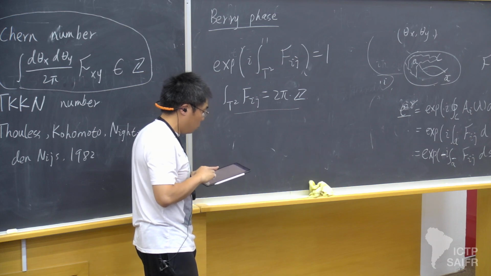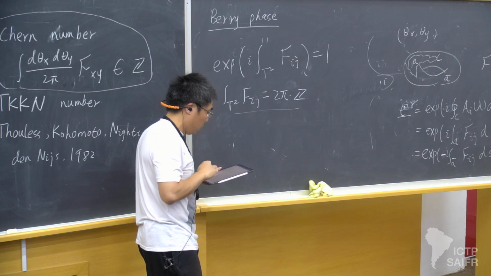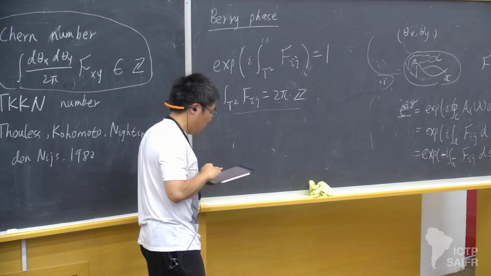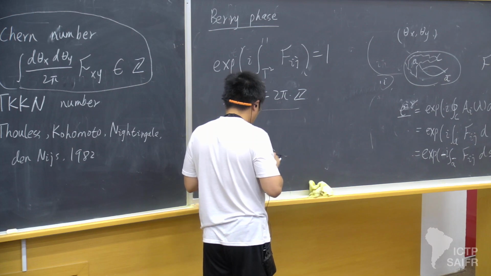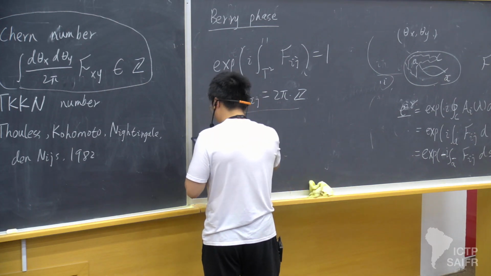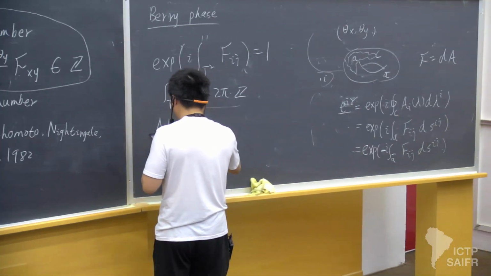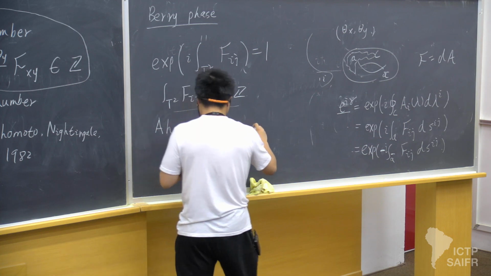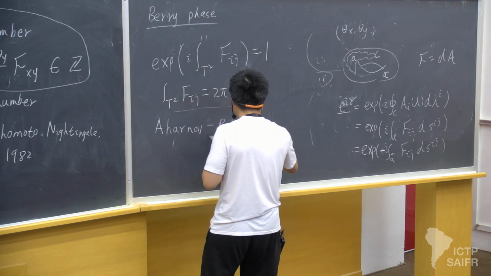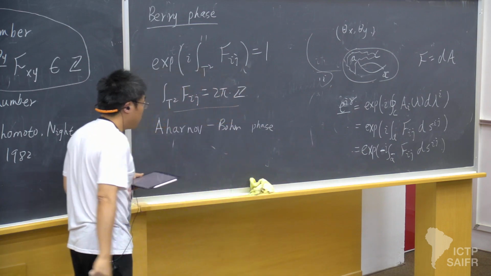It's this Aharonov-Bohm phase, right? We also mentioned it in the past. The Aharonov-Bohm phase is a special example of Berry phase and Berry curvature, right?